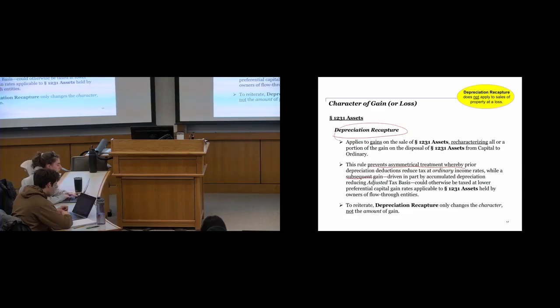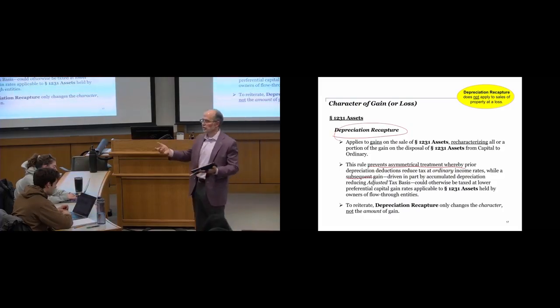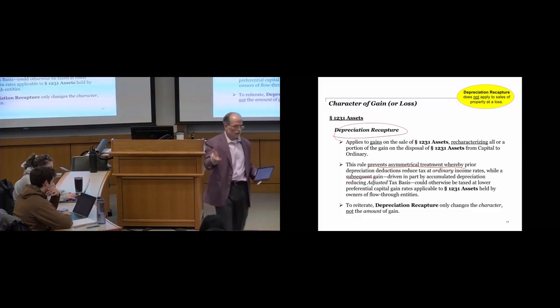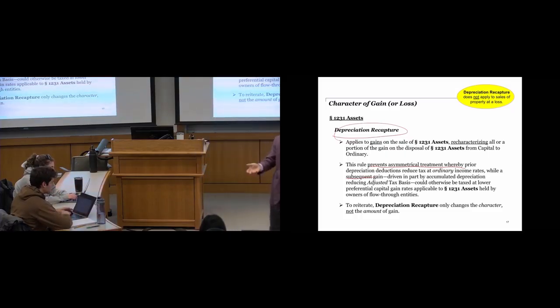Therefore, I have to take that character of the gain and recapture it as ordinary income, with any excess, any gain in excess of prior accumulated depreciation, being true economic appreciation that is afforded long-term capital treatment. It only applies to changing the character, not the amount of the gain. I already computed the gain in those first couple of steps. Now I'm just looking at character.